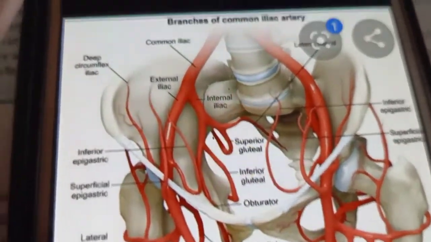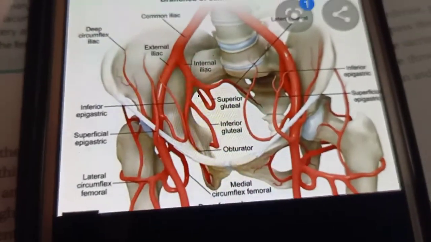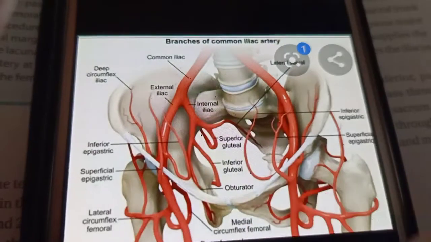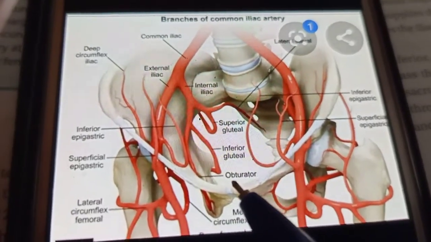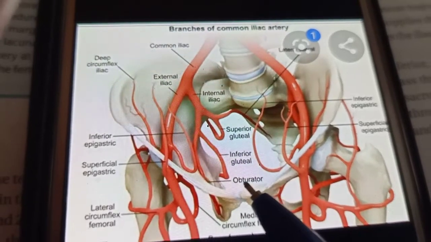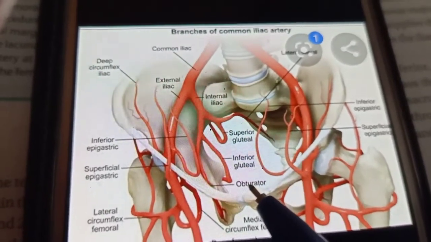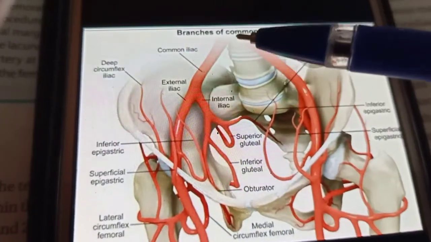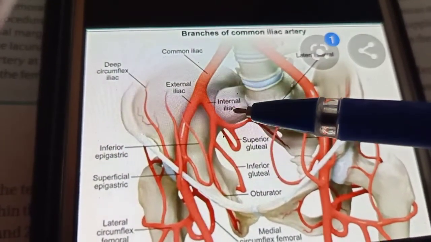So what we said, this is the first artery we talked about today, the obturator artery. This is the obturator artery which you can see. The obturator artery is one of the parietal branches of the anterior trunk of the internal iliac. So this is common iliac, this is the internal iliac.